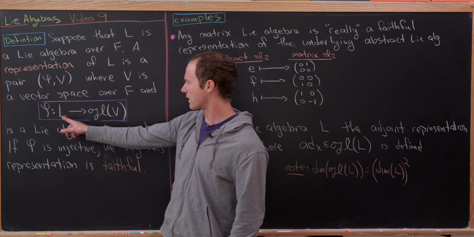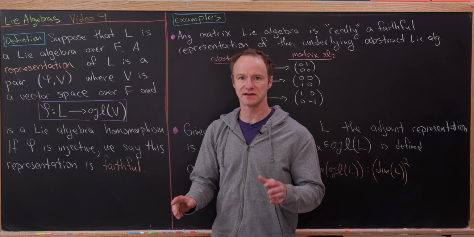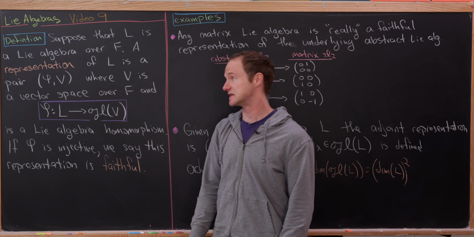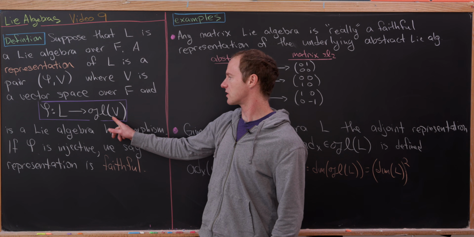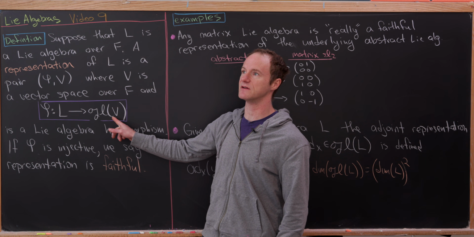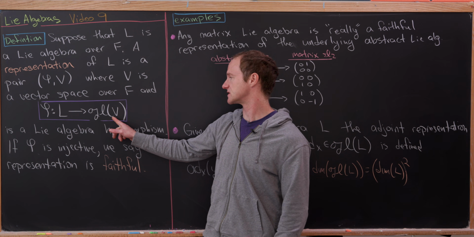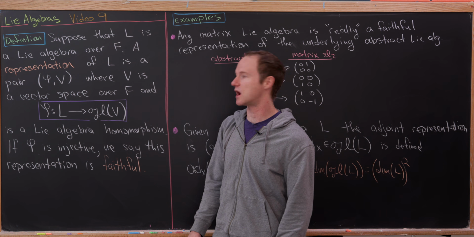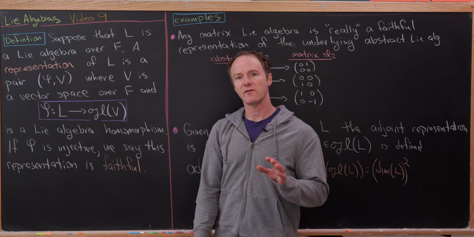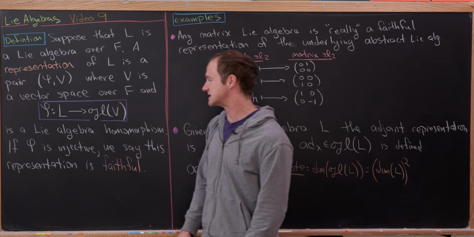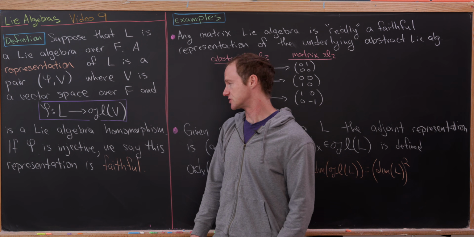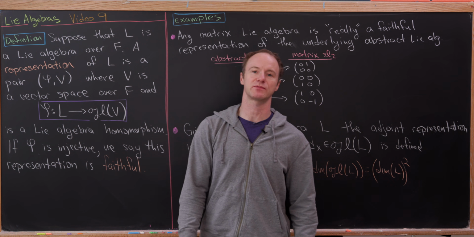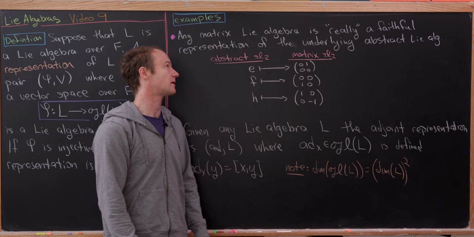So on the left, the bracket is whatever the bracket is inside of L, whereas on the right, inside the space of linear transformations on V, the bracket is the commutator. Furthermore, if phi is an injective Lie algebra homomorphism, we say that this representation is faithful.